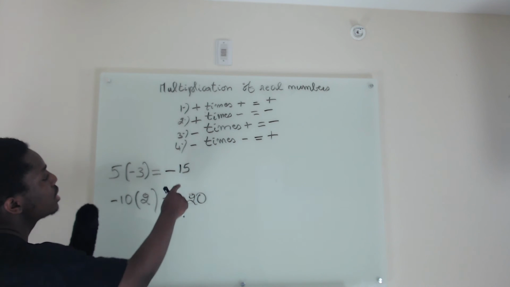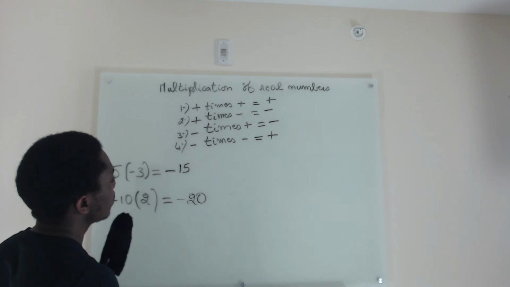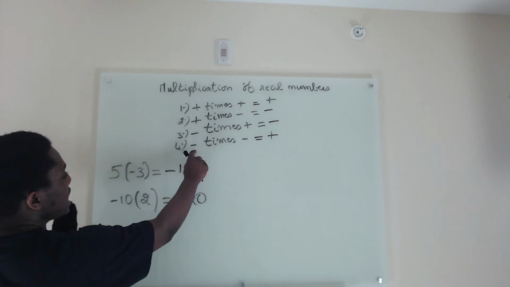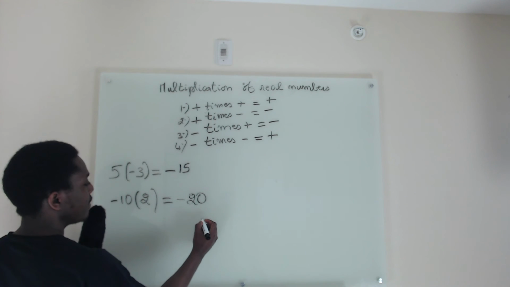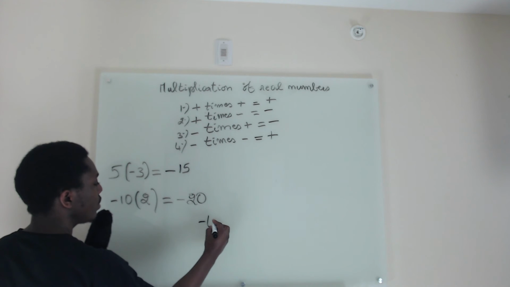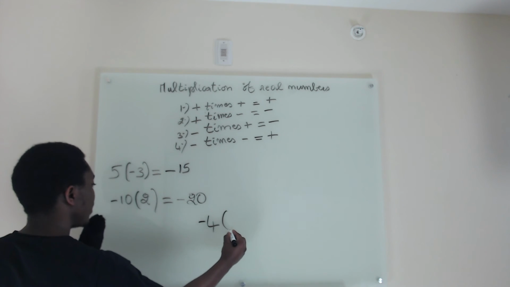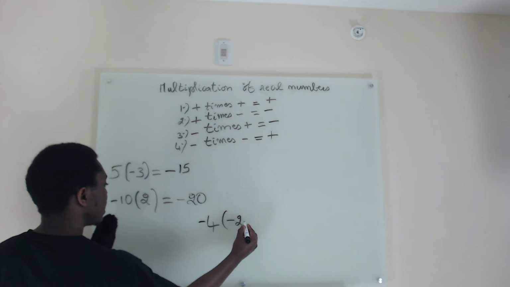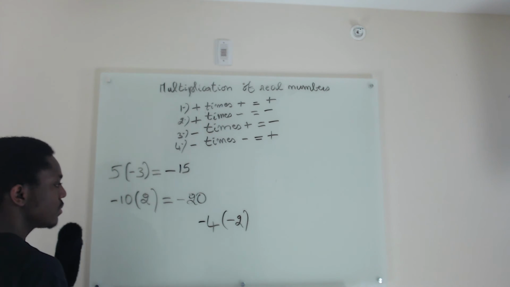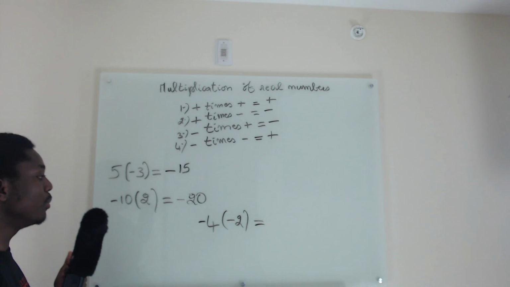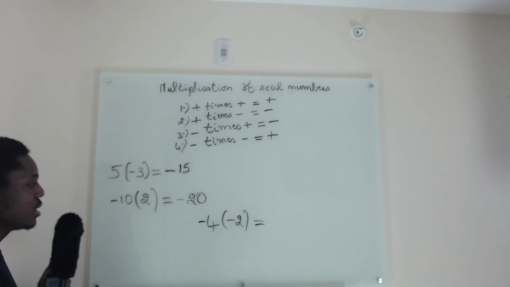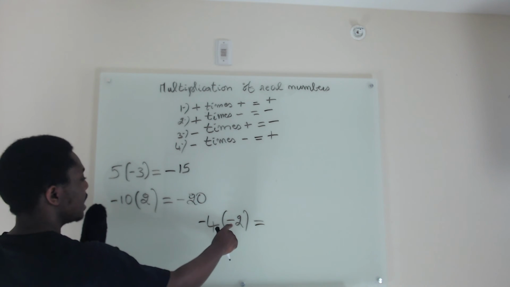Now for the last case: a negative number times another negative number. Let's say we have negative 4 parentheses negative 2. First things first, we multiply the signs. We take the first sign and multiply it by the second sign.